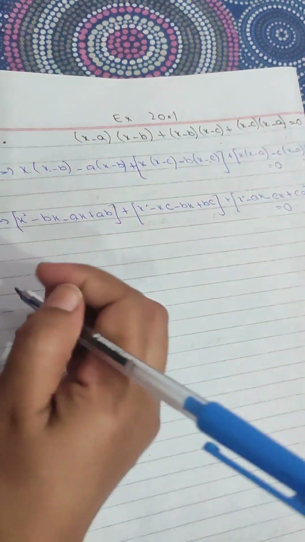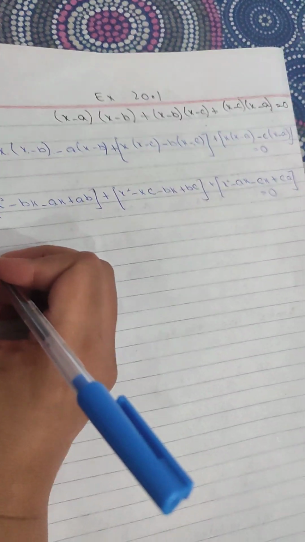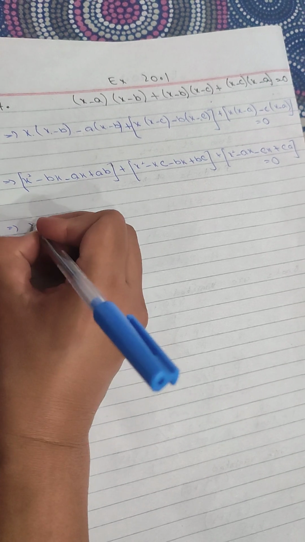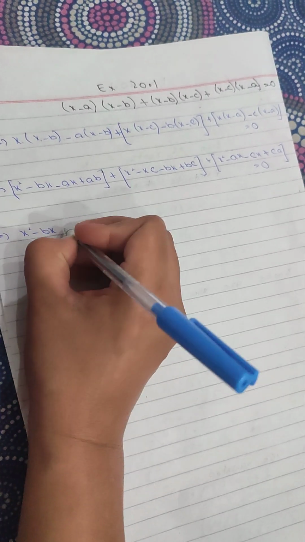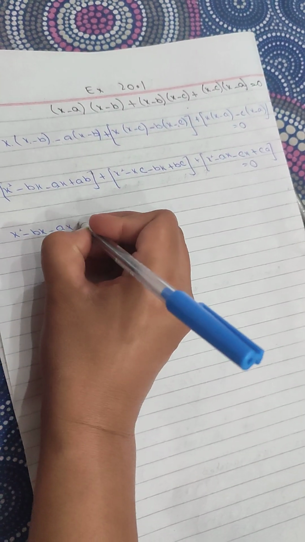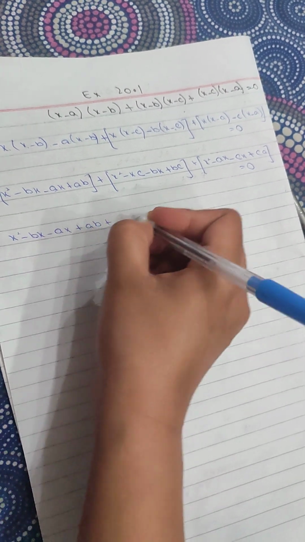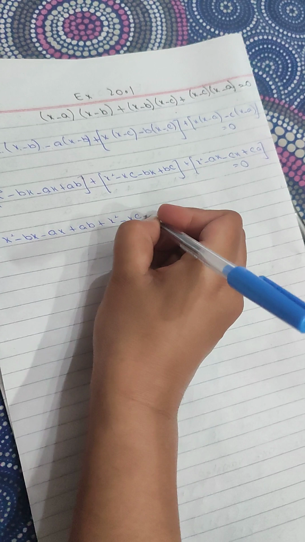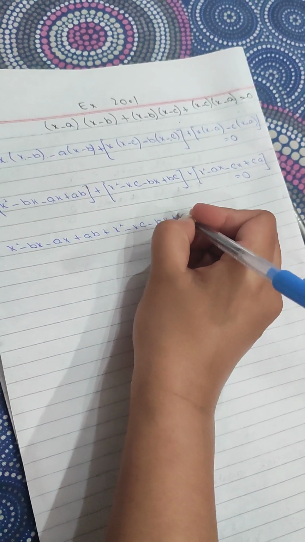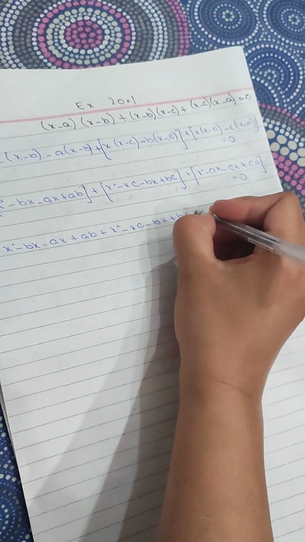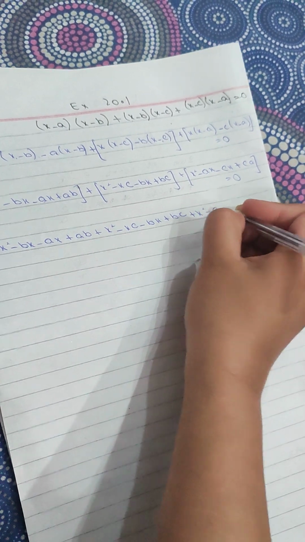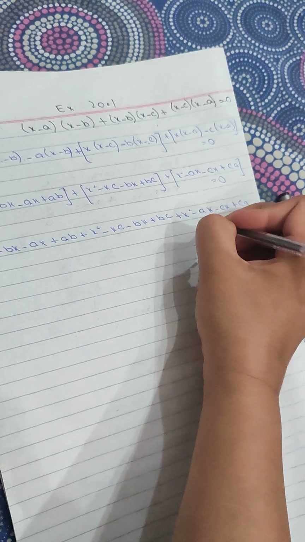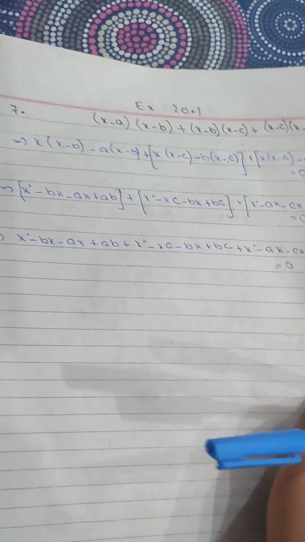Now let's open all the brackets. It will be x square minus bx minus ax plus ab plus x square minus xc minus bx plus bc, and plus x square minus ax minus cx plus ca is equal to 0.